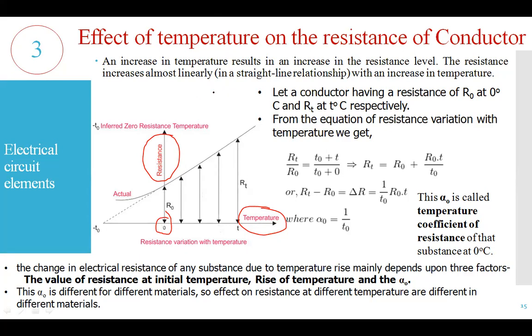Whenever you have a temperature variation or difference in the material, that leads electrons to flow in the circuit, or to be moved out from the outer orbit, because a certain energy is required to release that electron from the outer orbit.